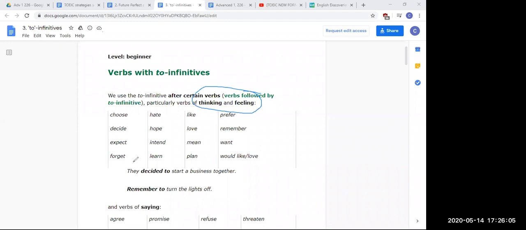They expected not to. So in a negative, we can use "not" between the two, or we could say "they didn't expect to." We have two ways of expressing a negative.